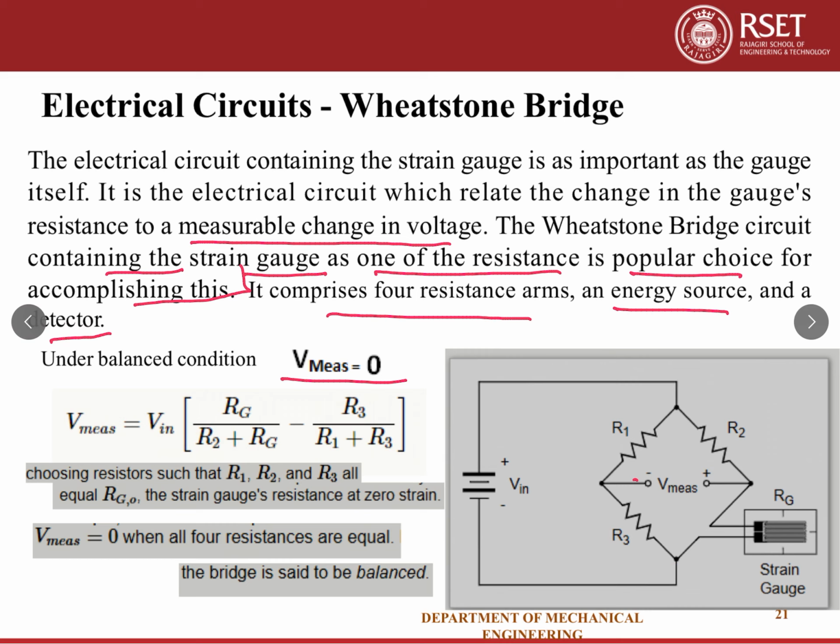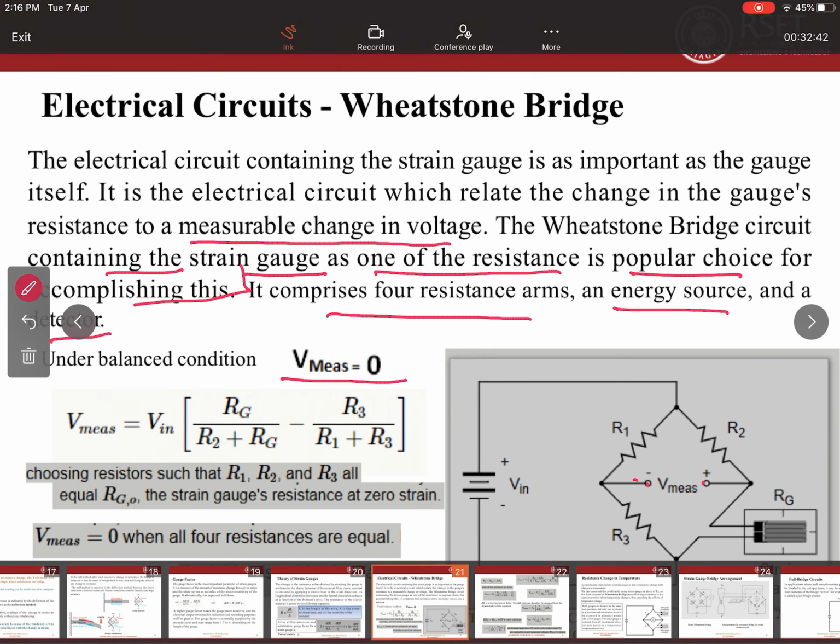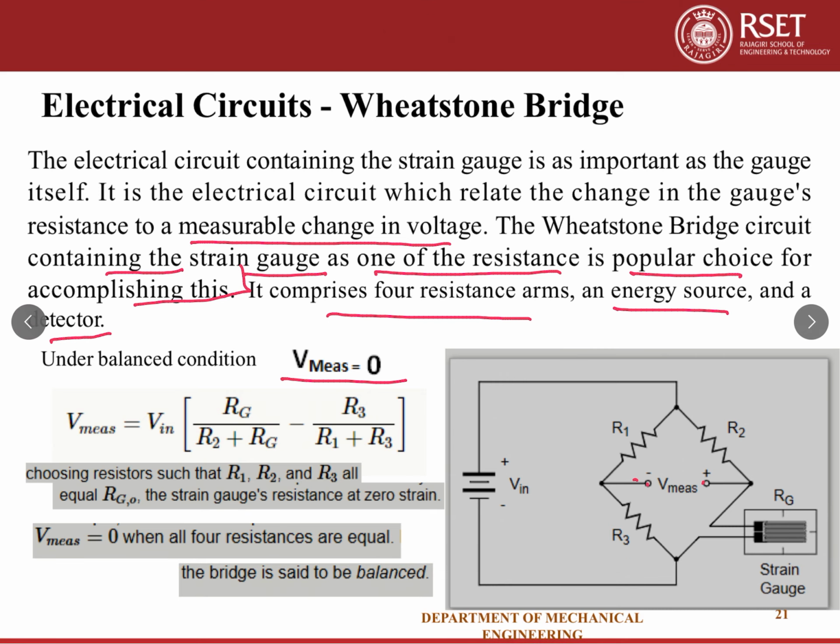So here the voltage is equal to voltage at this point minus voltage at this point. V in voltage at this point is equal to V in into Rg divided by R2 plus Rg.